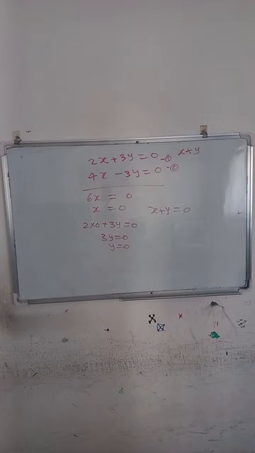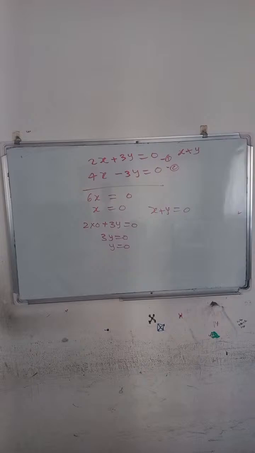Then find the value of k. The first option is 4, b is minus 4, c is 3 and d is minus 3. Okay, I'll repeat this.